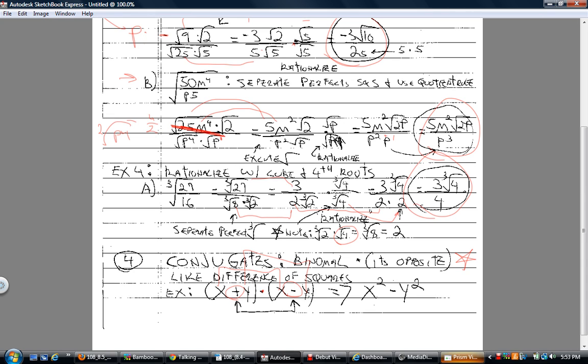Okay, so, and if you have that, you take the first term, square it, subtract because it's the difference of squares, take the second term, and square it. Okay, that's how I like to write that form.